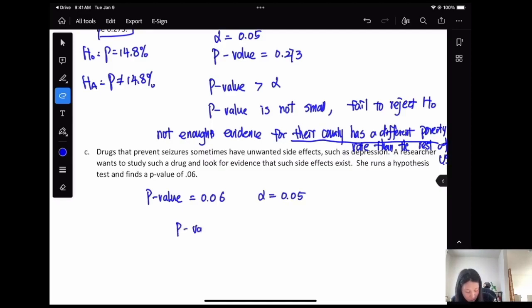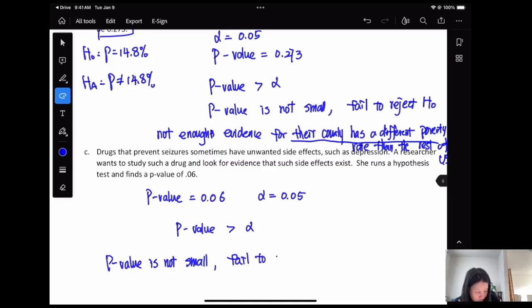So our p-value is greater than our alpha, right? 6% is greater than 5%. That means our p-value is not small. If it's not small, that means we fail to reject the null hypothesis, and there's not enough evidence for the alternative hypothesis.